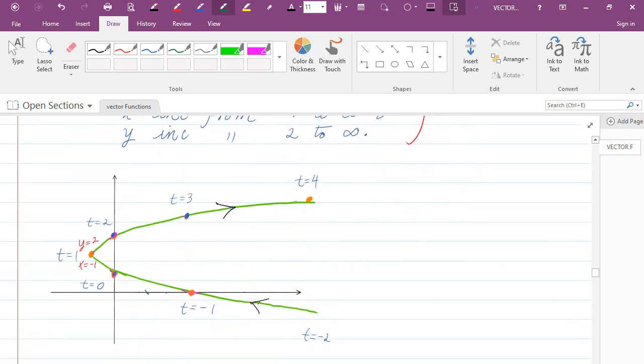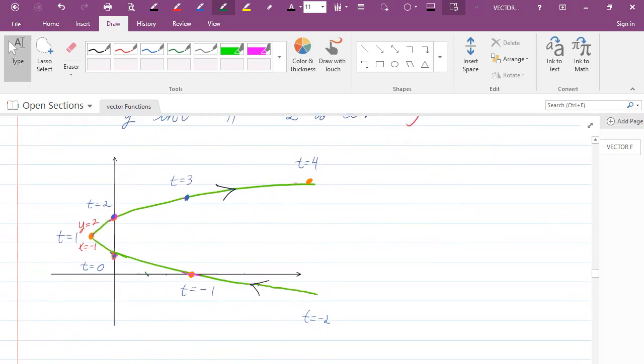Why? Because let's think about it. What we know is that as t progresses from negative infinity to 1, x is decreasing from infinity to x equals negative 1. Right? So at t equals 1, x is negative 1. Now, as t progresses further after 1, x is now increasing from negative 1 to infinity.